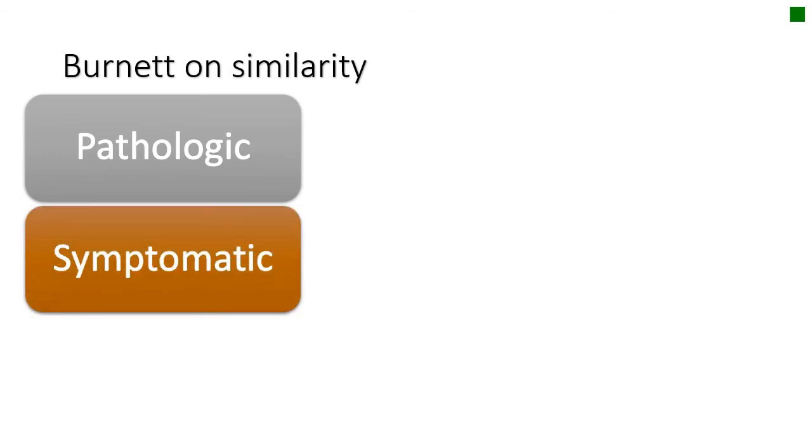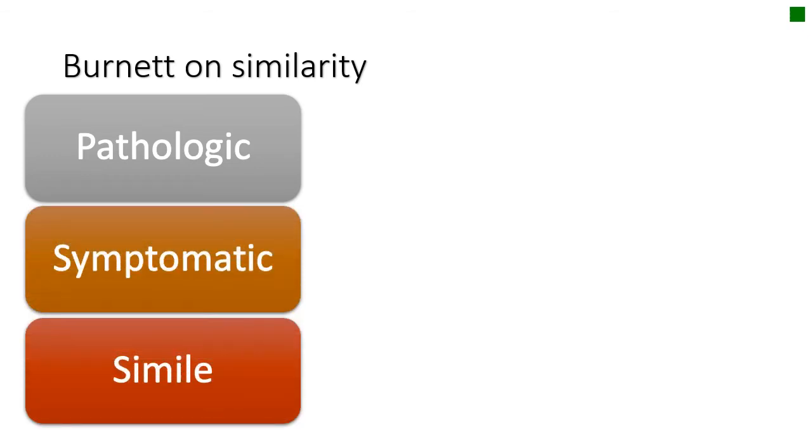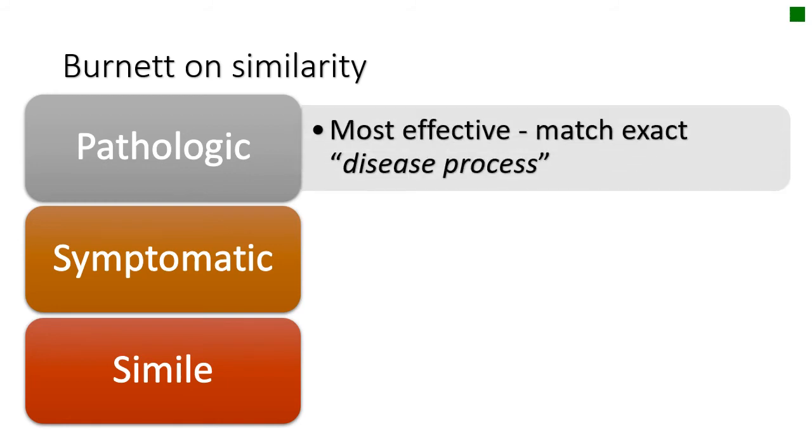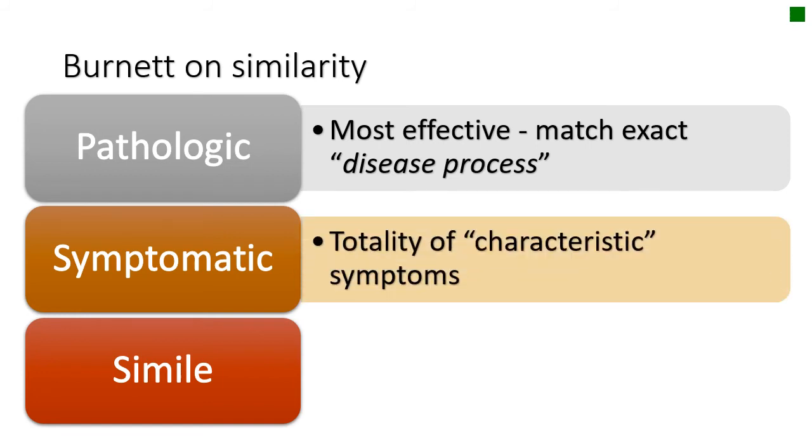Further, let's see what Burnett has to say on similarity. What Burnett says is that a remedy can have a pathologic similarity, a symptomatic similarity, or a simile similarity. A pathologic similarity means that the remedy matches the disease process exactly. A symptomatic similarity is that it matches the totality of characterizing symptoms.